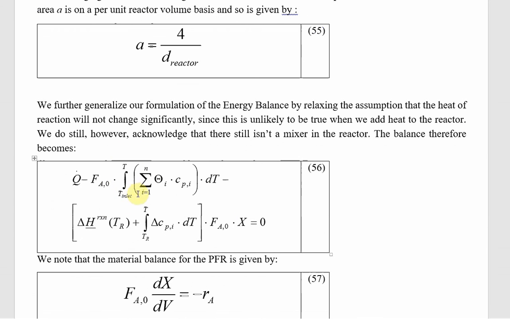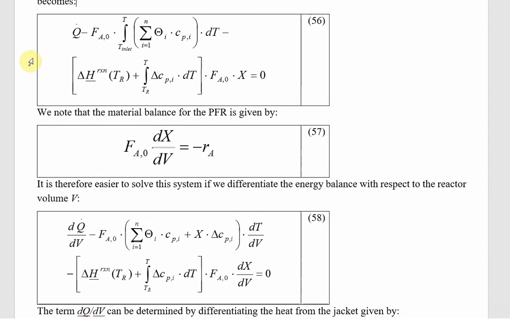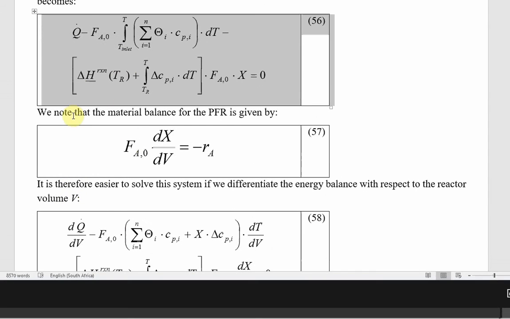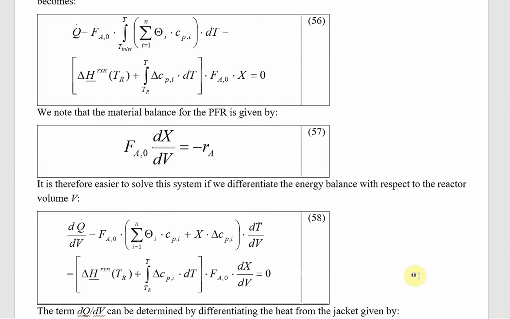We said we aren't doing shaft work, and it's just that now we are retaining this Q dot, where in the previous example we had ignored it. So we are still keeping that energy balance as it is, and the design equation is here. So the variation of conversion with volume is what we have to integrate.